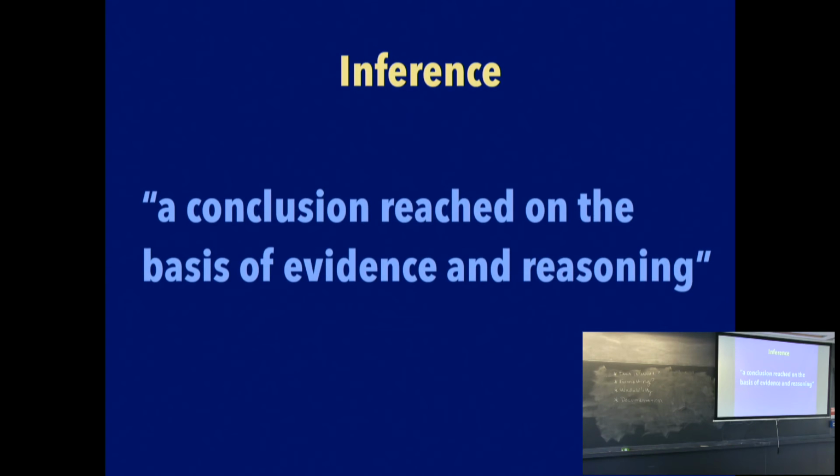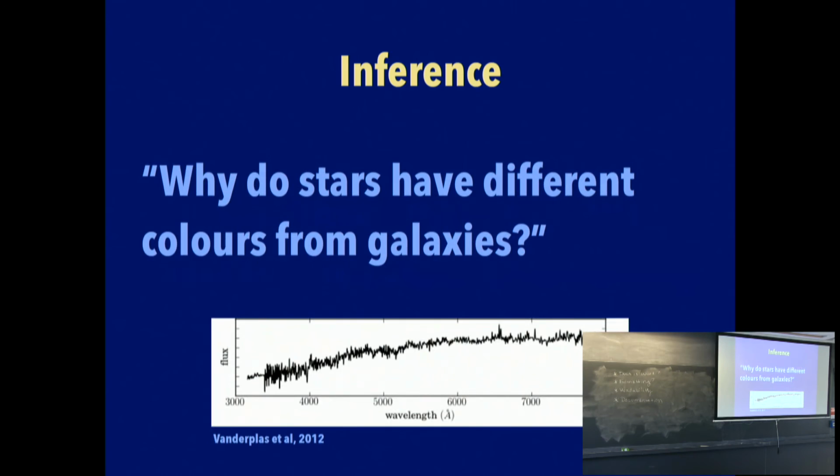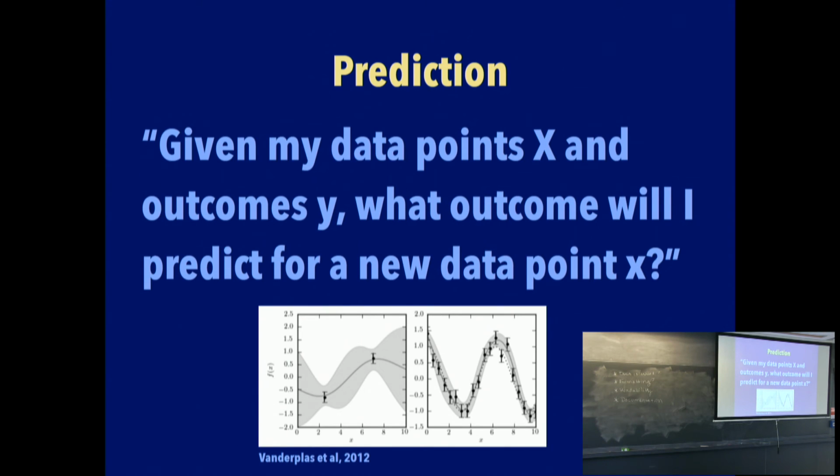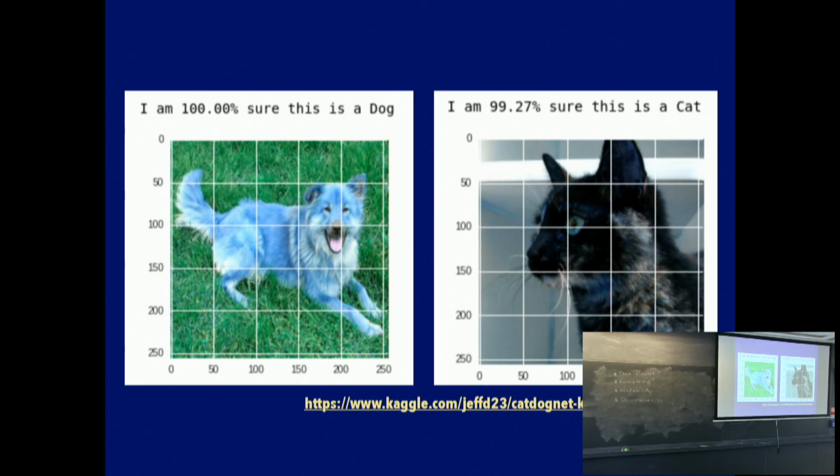Inference is the conclusion reached on the basis of evidence and reasoning. For example, why do stars have a different spectrum from galaxies? That's an inference question. Prediction means that if I have some data points X and Y, what outcome will I predict for a new data point? That's a basic prediction question.